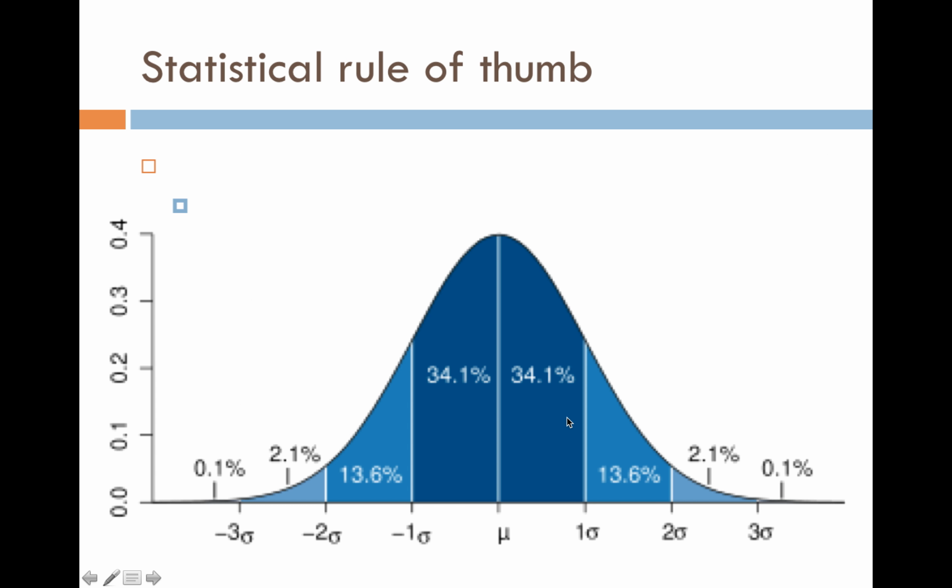Oh, I know what I wanted to say. If this hump is really tight, like it's really skinny and tall, that means all the data is clustered around the mean. So there's not very much variance, the numbers don't range very far. But if the hump is really low and long, then that means the scores are spread out really far. There's a big variance.